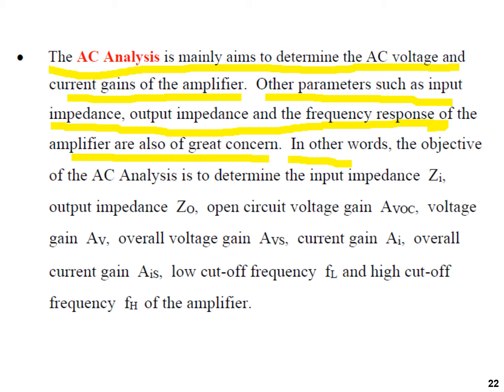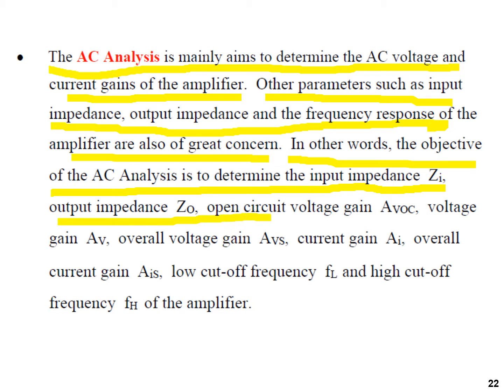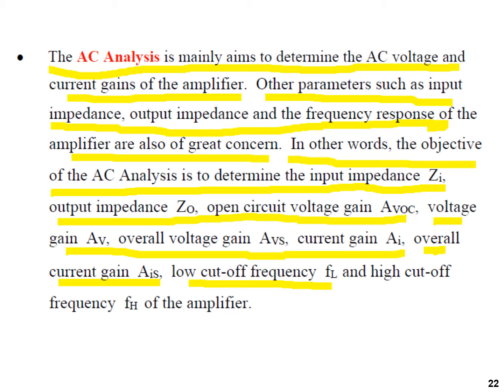In other words, the objective of AC analysis is to determine the input impedance Zi, output impedance Zo, open circuit voltage gain AVOC, voltage gain AV, overall voltage gain AVS, current gain AI, overall current gain AIS, low cutoff frequency FL, and high cutoff frequency FH of the amplifier.